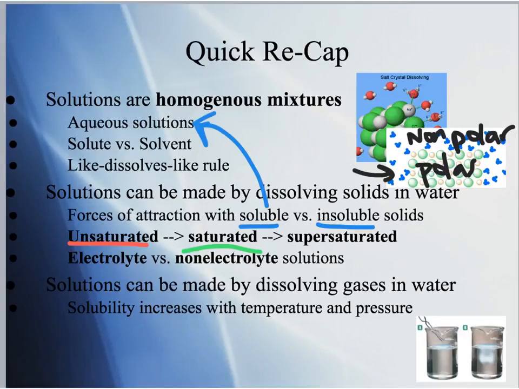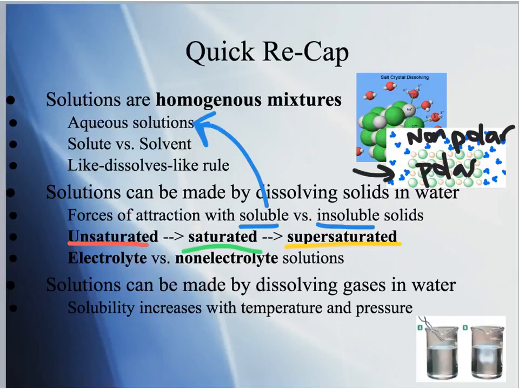All right, but there is a way to get a solution that is supersaturated. And supersaturated means that it technically has more solute than should be able to dissolve. In order to get a supersaturated solution, typically you have to heat up the solvent and it will be able to dissolve more solute than if it wasn't at a higher temperature.